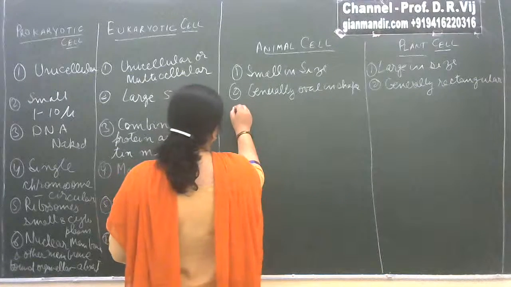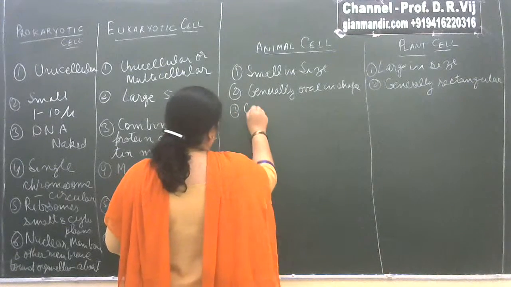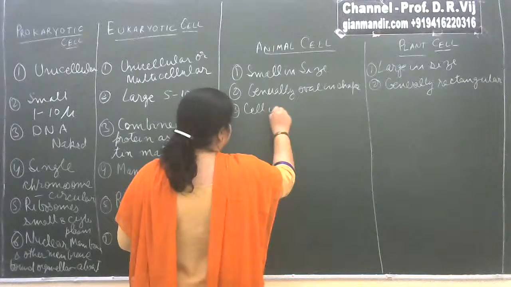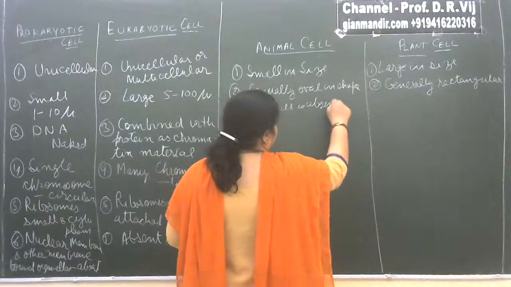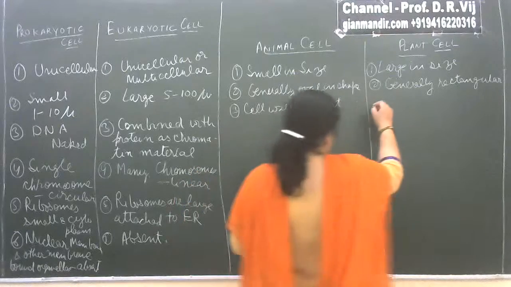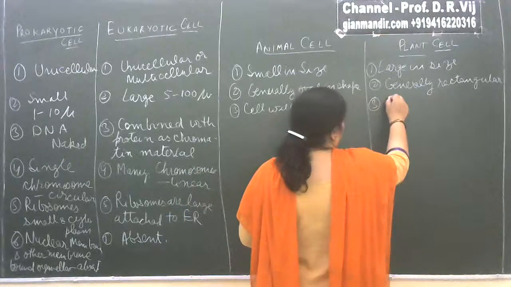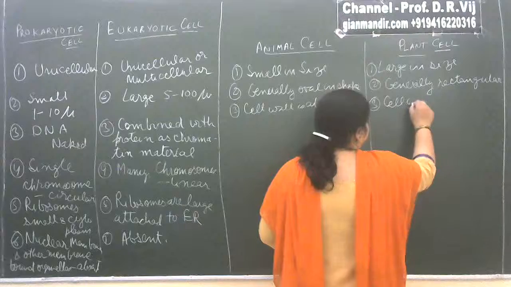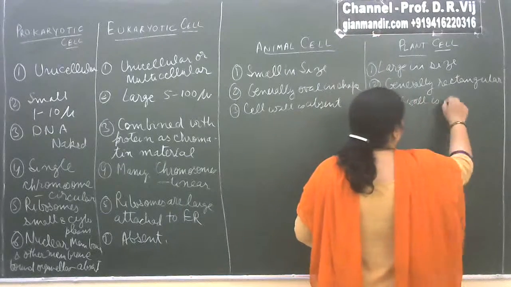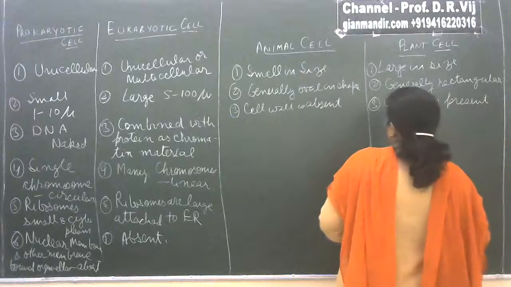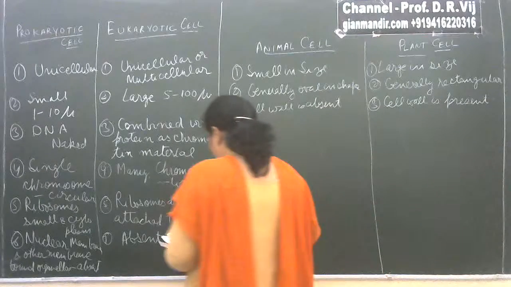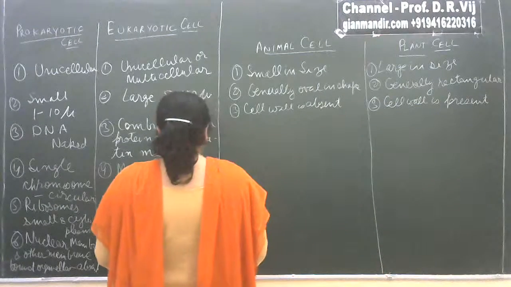And of course, in animal cells the cell wall is absent, whereas in plant cells the cell wall is present. And you know that the cell wall of plant cells is made up of a complex sugar called cellulose.